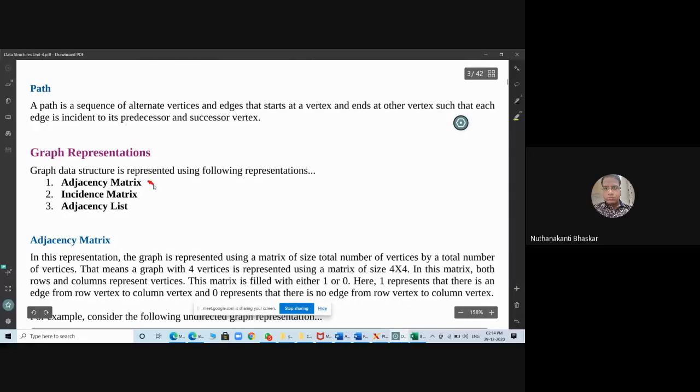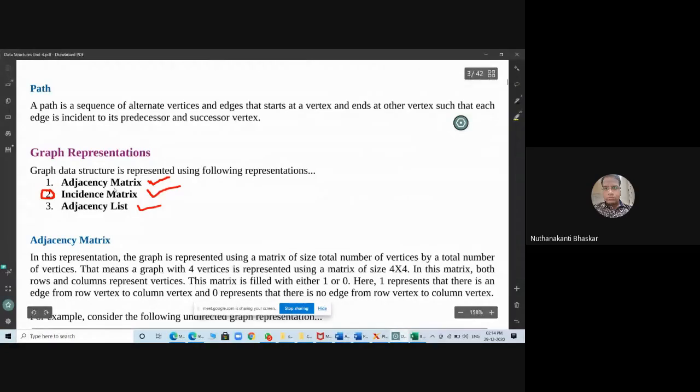One is adjacency matrix, another is adjacency list. Even the incidence matrix is also there. This is not in your syllabus, I think, but it is also very important for placements and other things. That's why I'm going to show these three ways: adjacency matrix, incidence matrix, adjacency list.